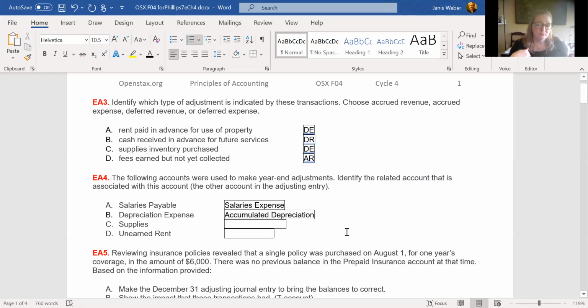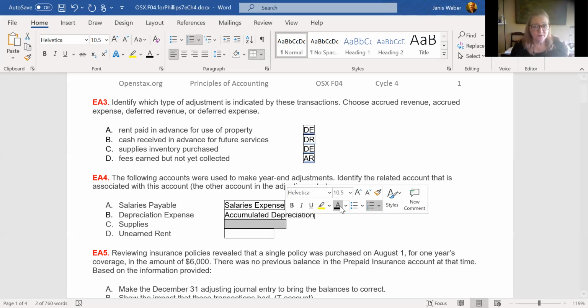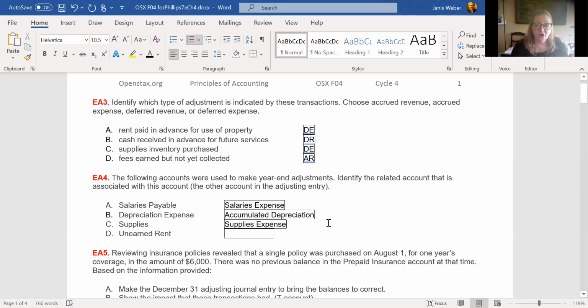And for supplies, when you're making an adjusting entry, you would have supplies the asset account and supplies expense the expense account, so supplies expense will be the other half of the entry. And then unearned rent is a liability account, so if it's not unearned, then it is earned, or revenue, right?